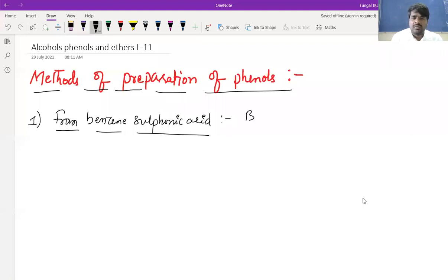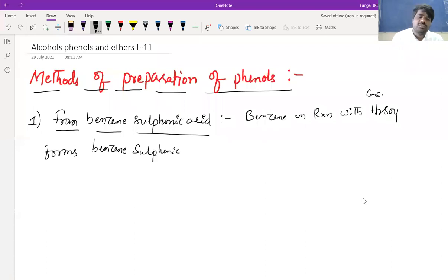Benzene on reaction with concentrated sulfuric acid forms benzene sulfonic acid.